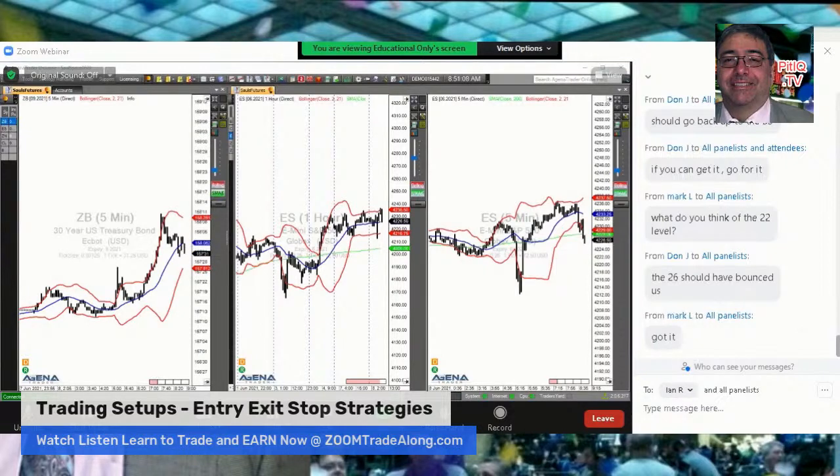We went down quickly to our settlement price here. And the market continues to kind of be a little bit heavy. I still didn't get down to our 24 area.